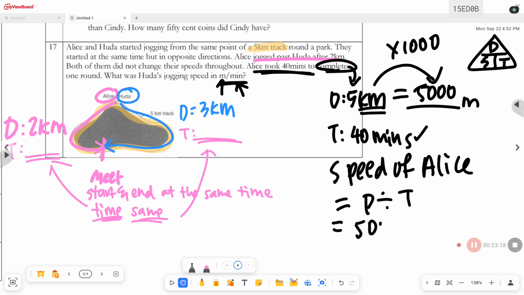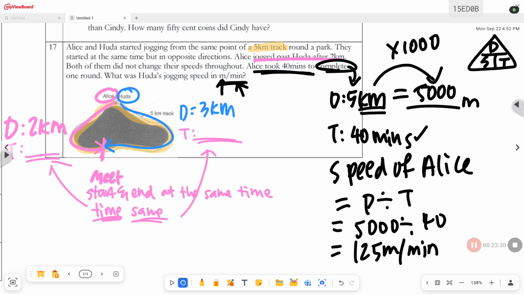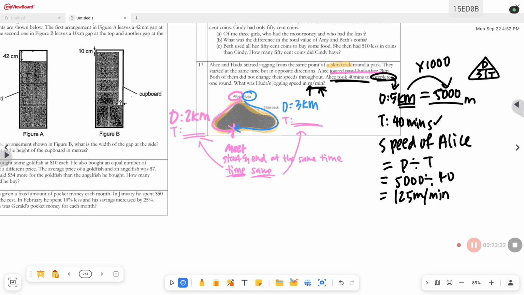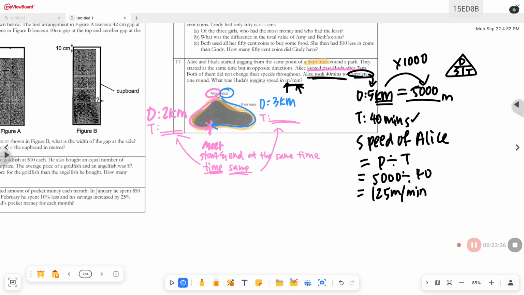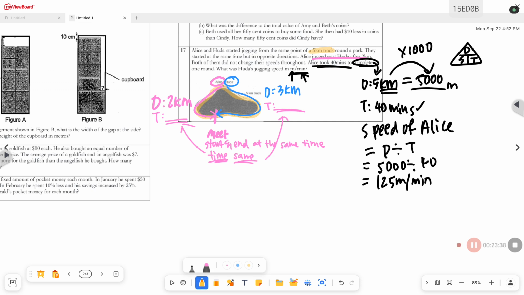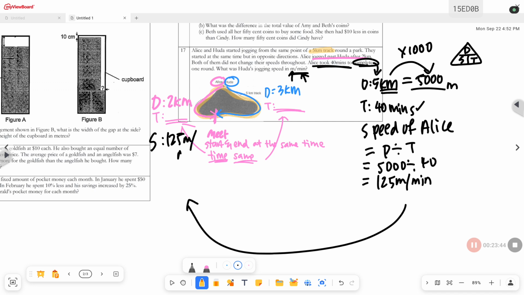Distance is 5,000 divided by time is 40 minutes, and that will give me 125 meters per minute, right? Because her speed is always going to be the same, I know that her speed is 125 meters per minute.